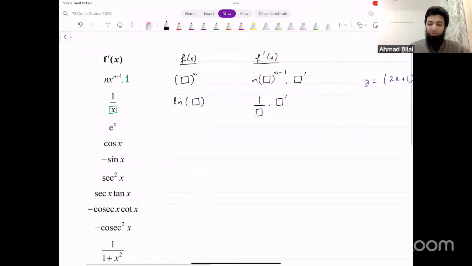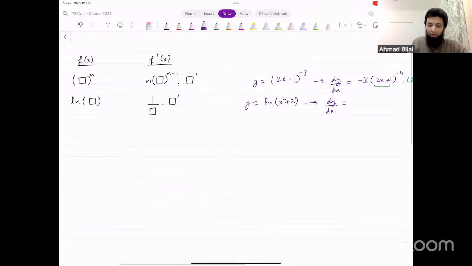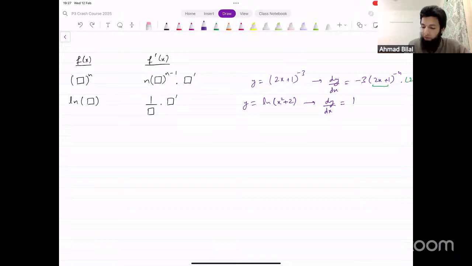Let's take an example. Let's say you have a function that looks like this: y equals ln of x squared plus 2. And you want to differentiate it. You want to find the derivative of this. Now, what does the rule say? Whatever is inside the bracket here, that is going to go to the denominator. Okay, so it becomes 1 over that thing, which is x squared plus 2.